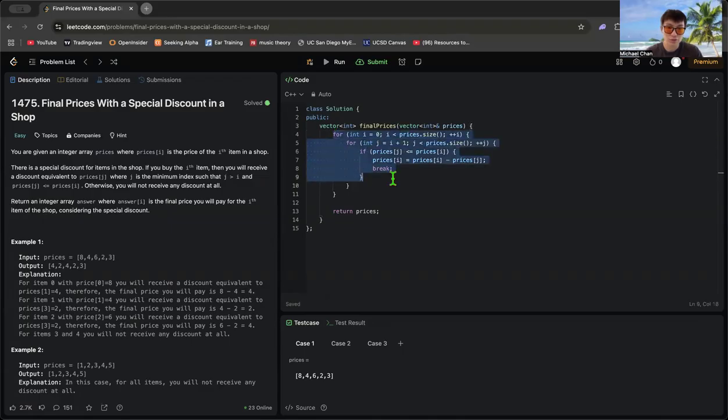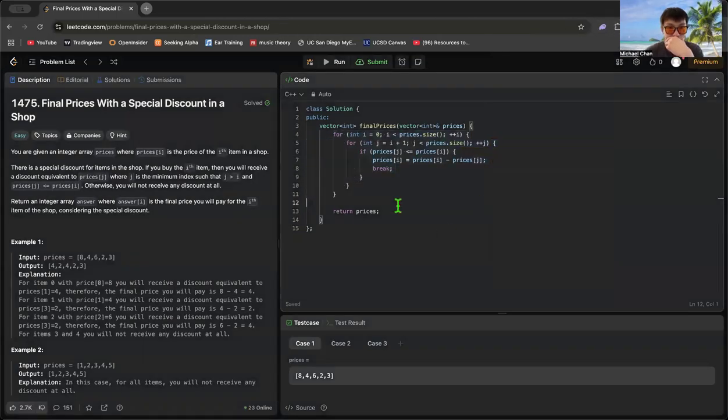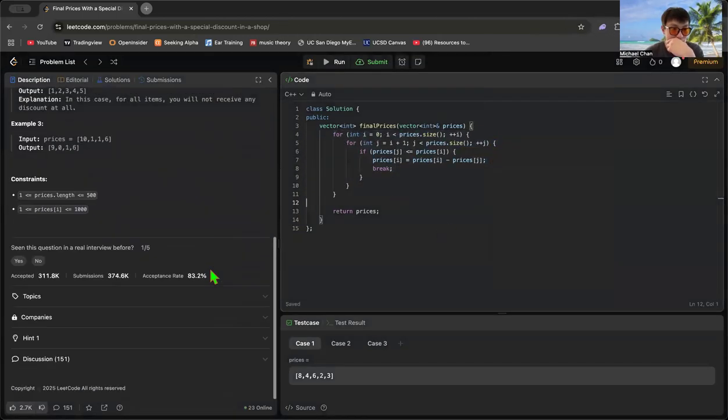For this one, I brute forced it using two for loops, and obviously this is not the best because it's O(n²) time complexity, right? Which is pretty bad. So let's try and figure out a better way to do this.